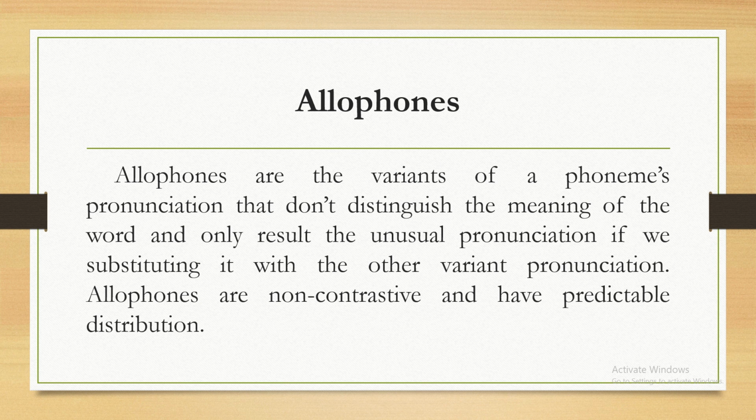Next, let's talk about allophones. Allophones are the variants of a phoneme's pronunciation that don't distinguish the meaning of the word and only result in an unusual pronunciation if we substitute one variant for another. Allophones are non-contrastive and have predictable distribution.